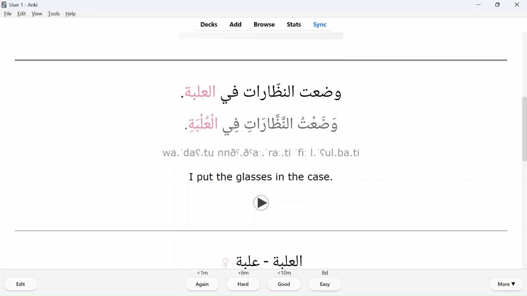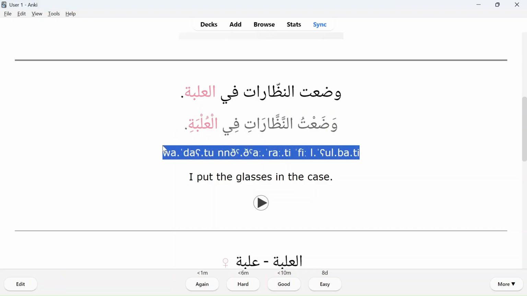The harakat show you the missing vowel sounds and other pronunciation details and help you read the word correctly. So we have the sentence over here with the harakat. You see the little accents over here as well, or underneath here, for example, many other cases as well. So this will be very much to your advantage when it comes to pronouncing things correctly.